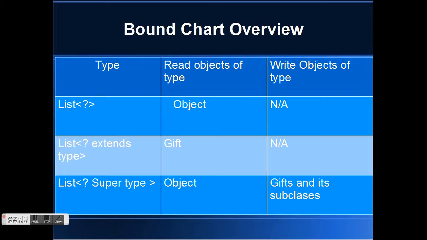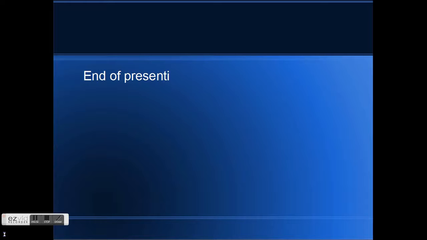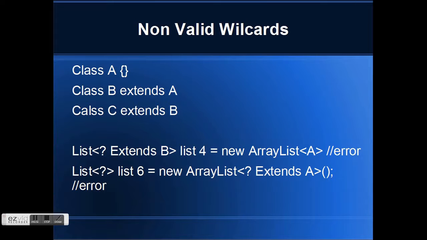So we're going to go over some non-valid wildcards, guys. So what's wrong with list 4? It has an upper bound wildcard that allows an ArrayList B or ArrayList C to be referenced.